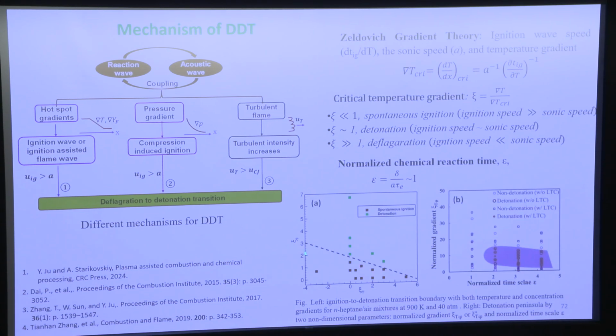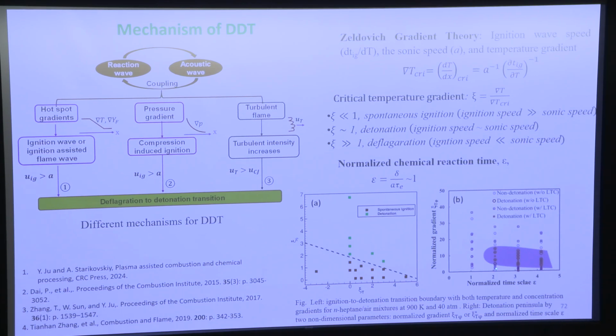My student John and others did some simulation. They basically showed that if you meet the criteria here, detonation is here, and detonation failure is here. You plot this on this diagram.